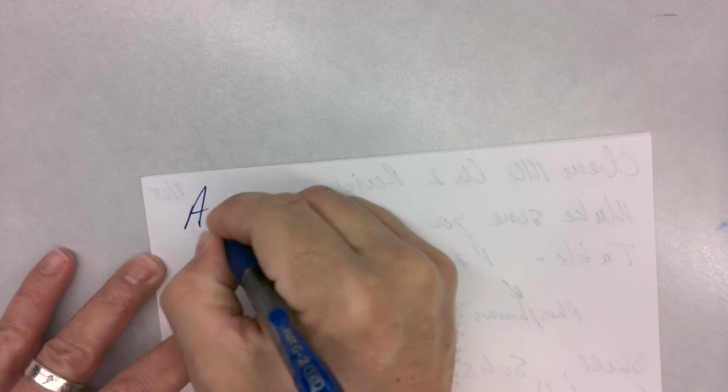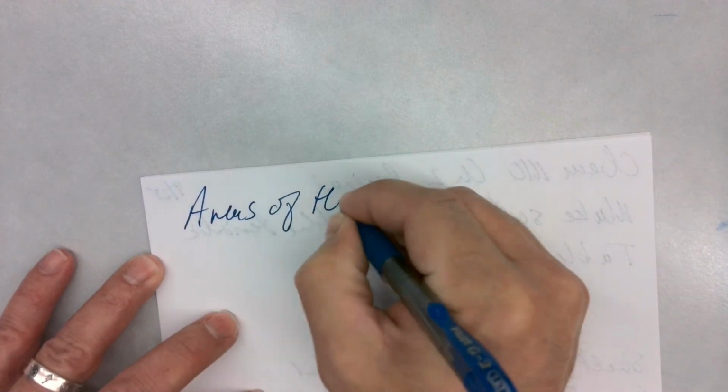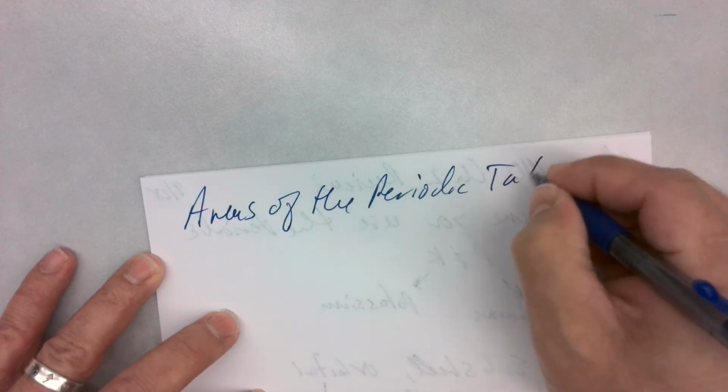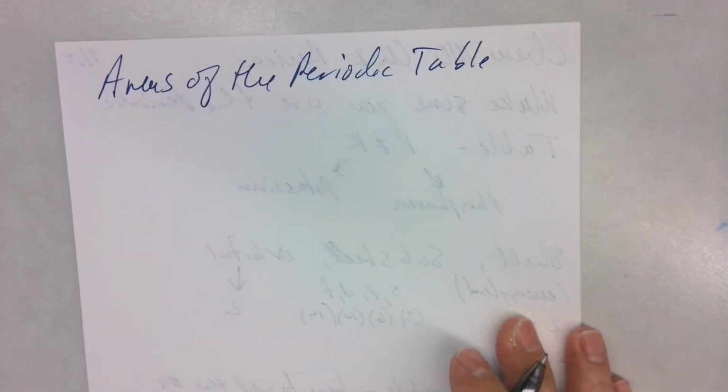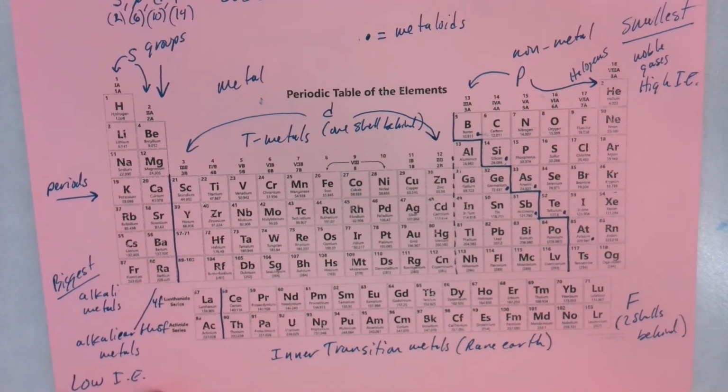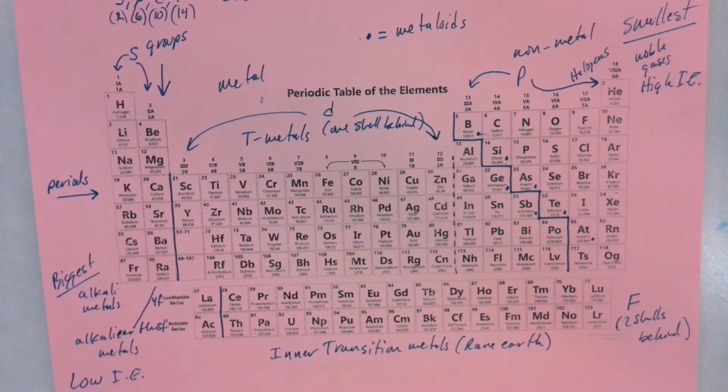From there, I discussed areas of the periodic table. Now, they do this several ways. It's like if I wanted someone in here to say, okay, name one area of the periodic table. Anybody name an area?